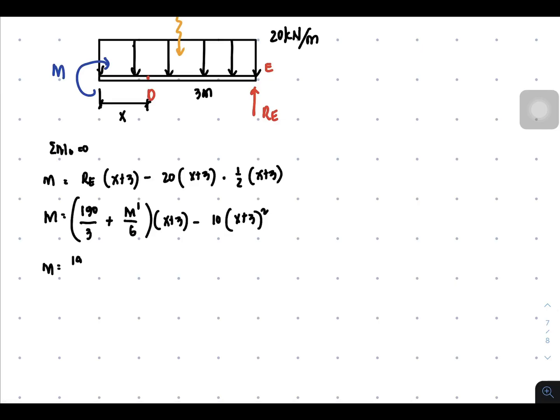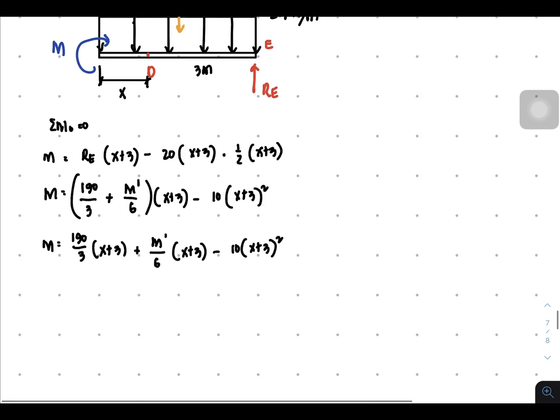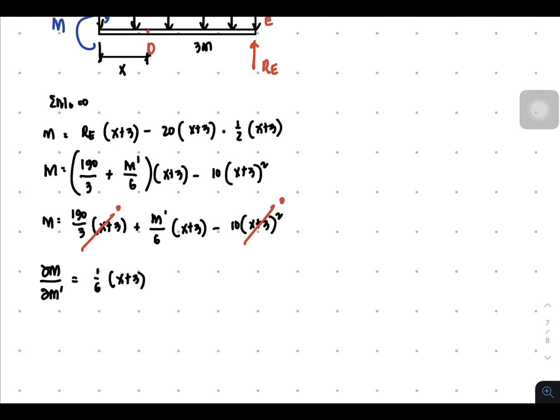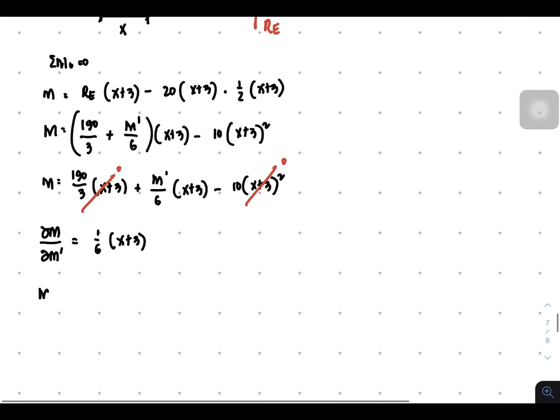And then you distribute the x plus 3, so it's now 190 over 3 times x plus 3, then plus m prime over 6 times x plus 3 minus 10 times x plus 3 squared. And we will be setting the value of those without m prime to 0 so that we can now get the partial derivative of m with respect to m prime. It's now 1 over 6 x plus 3.